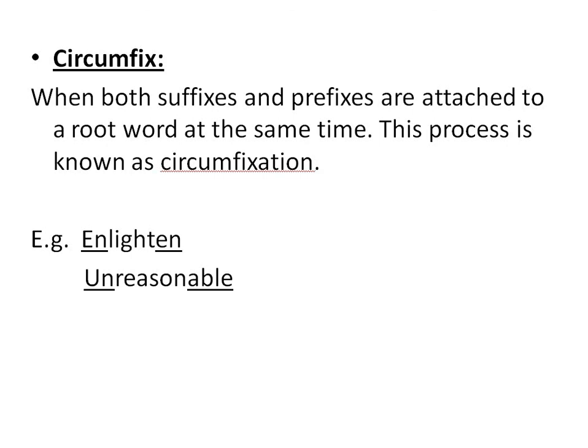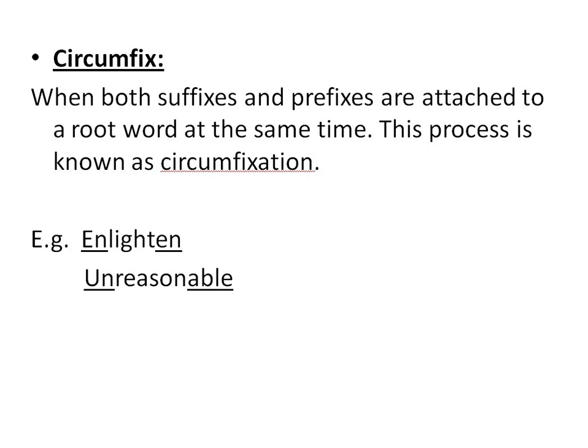Now, how are we going to name them? We have studied that the attachment that comes at the beginning of the root or stem is termed a prefix. So we can say un is a prefix, reason is a stem word that carries the basic meaning, and the attachment able is termed a suffix because it is attached at the end of the root word.